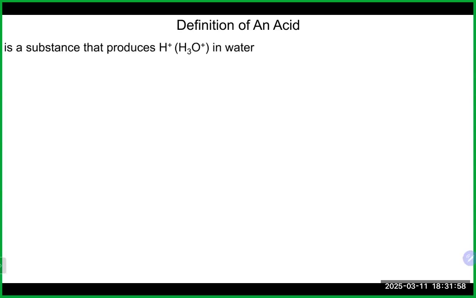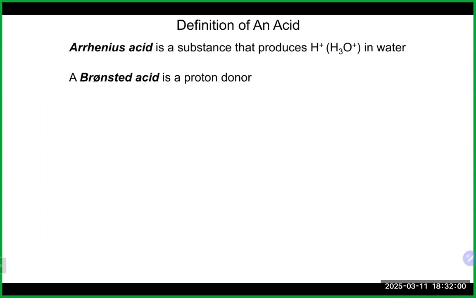Our friend Lewis felt left out, so he wanted a definition of an acid or a base. When we think about a guy named Lewis, we think about Lewis structures. And what do we draw in Lewis structures? Electrons, yeah. So oddly enough, his definition of an acid and a base involves electrons.